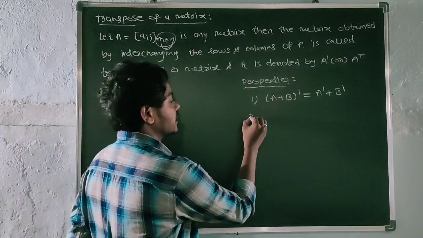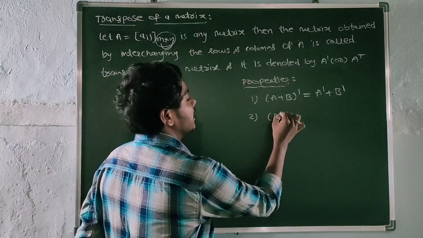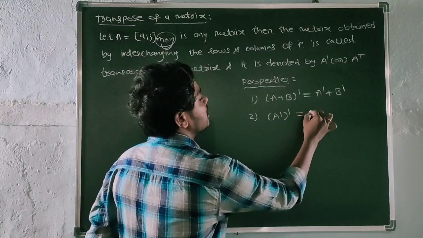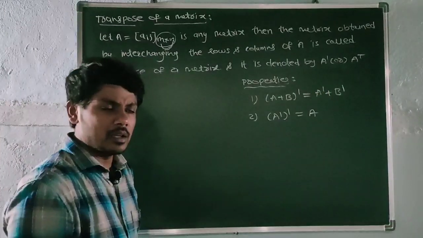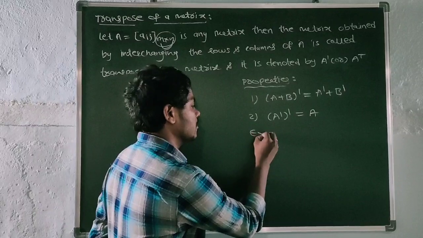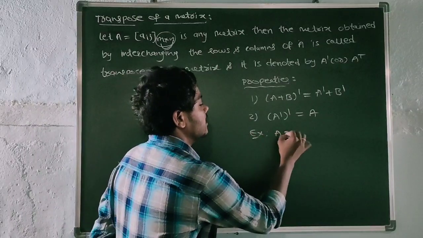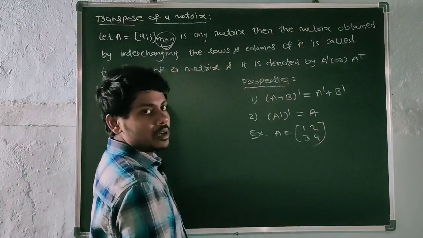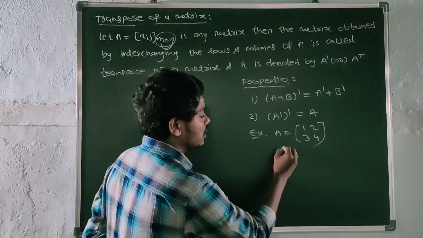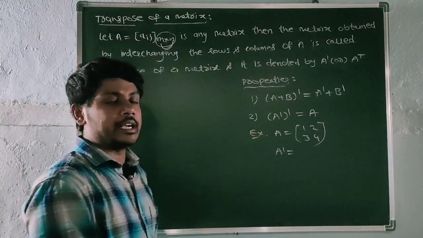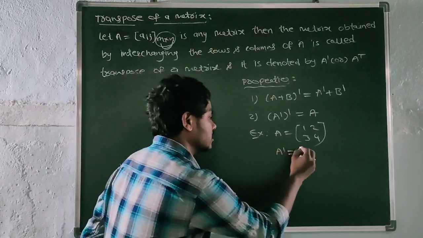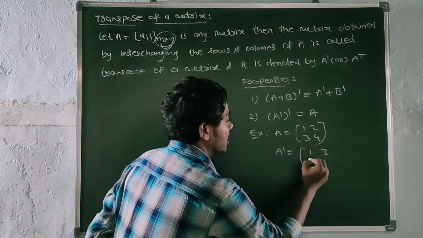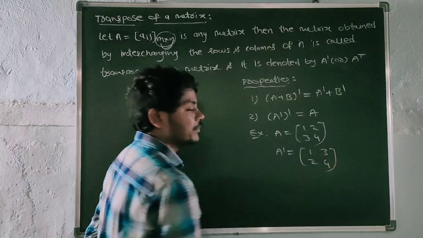Now see the second property. A transpose whole transpose is equal to A. For example, A is equal to 1, 2, 3, 4. Now the transpose of this matrix is interchanging the rows and columns of this matrix, that is 1, 3, 2, 4.